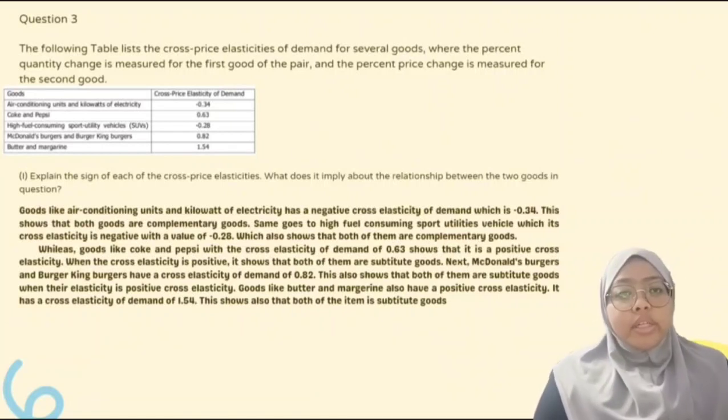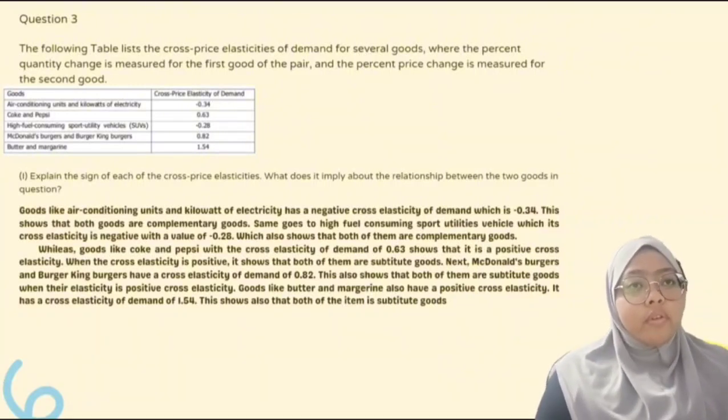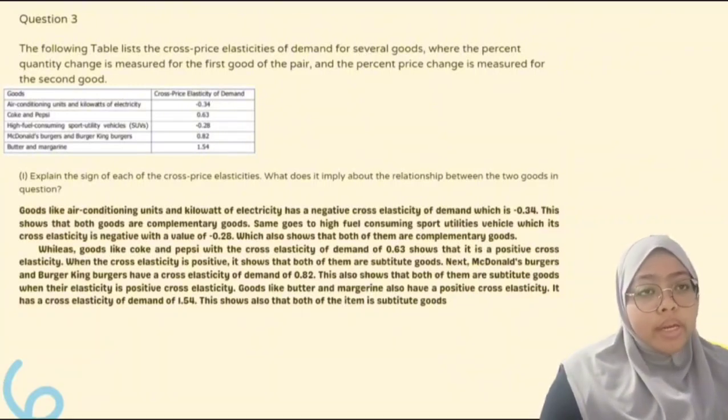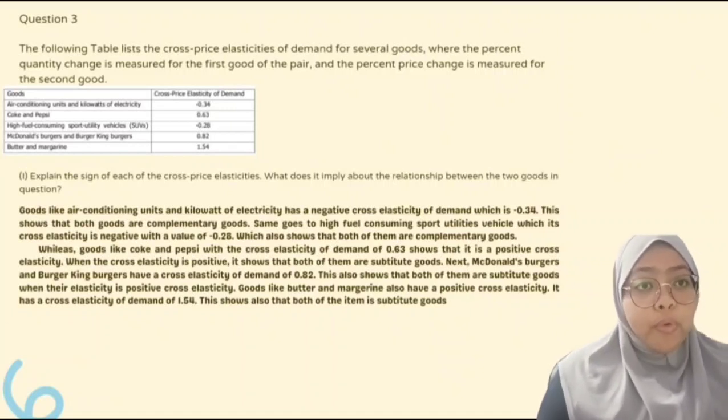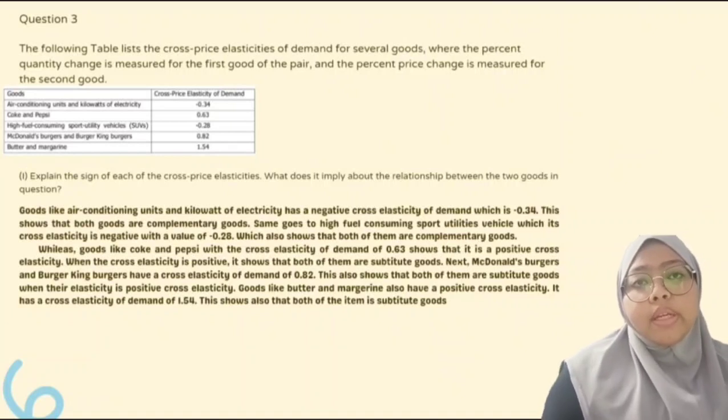Goods like air conditioning units and kilowatts of electricity have a negative cross elasticity of demand, which is negative 0.34. This shows that both goods are complementary goods.